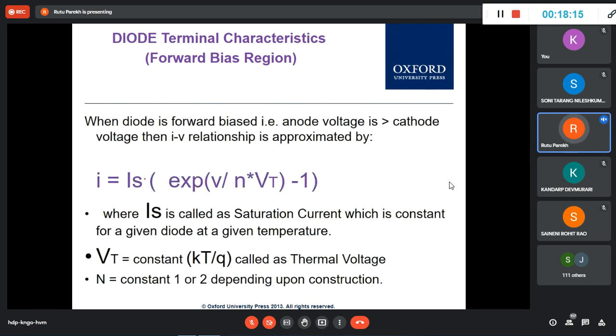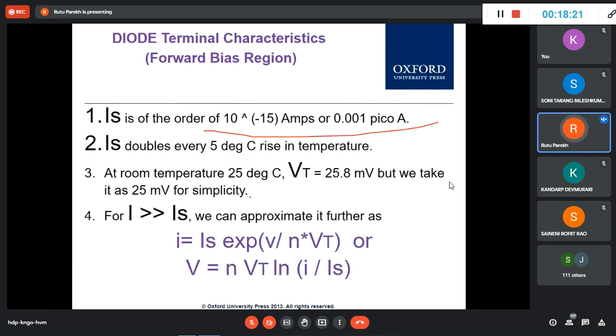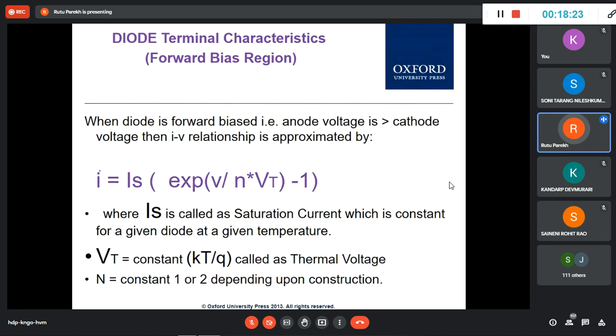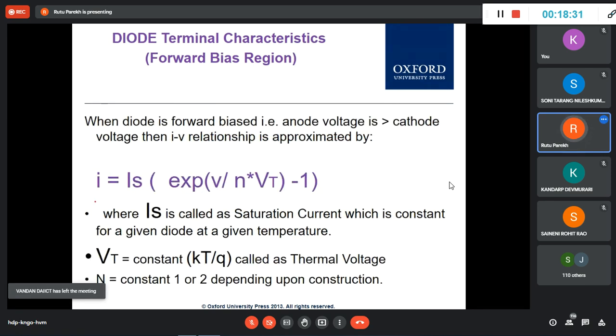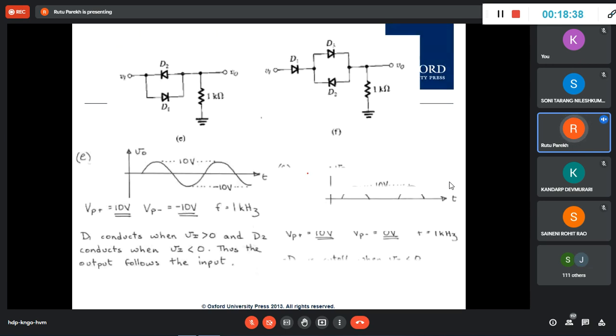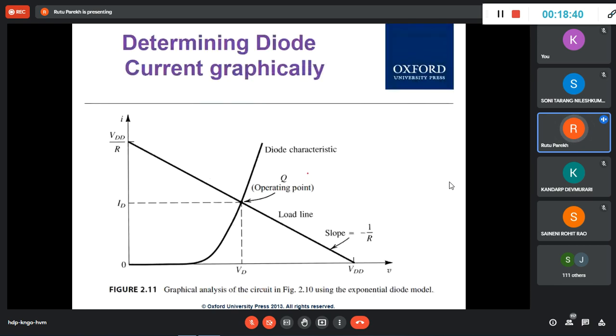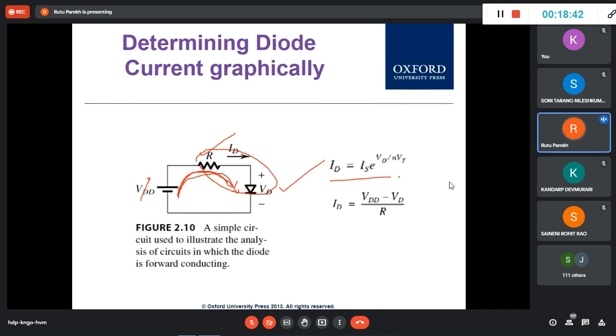When it is conducting, ID is in milliampere, while IS, the saturation current, is in the range of nano, or even picoampere. So this is very, very higher than IS, and in that case, we can neglect this minus one term. And that's why we are using that equation without the minus one term, because it is conducting.